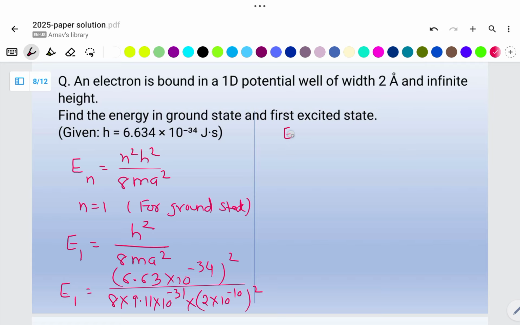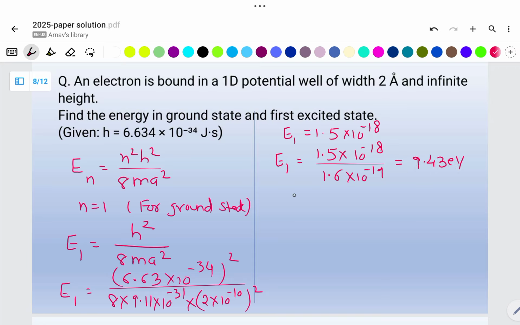So the value of energy in the ground state will be 1.5 into 10 to the minus 18 joule, which we can convert to electron volt by dividing by 1.6 into 10 to the minus 19. It comes out to be 9.43 electron volt.